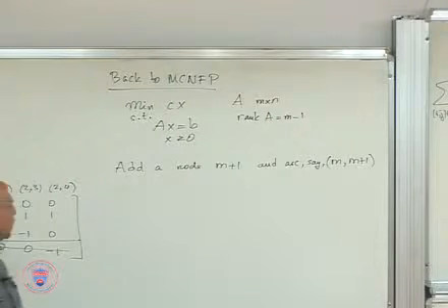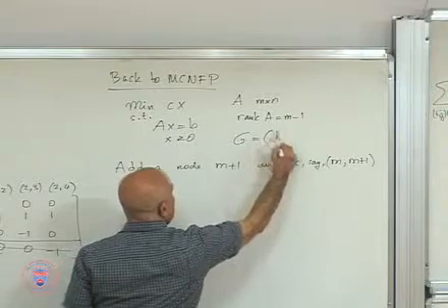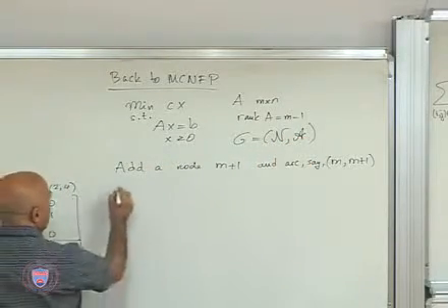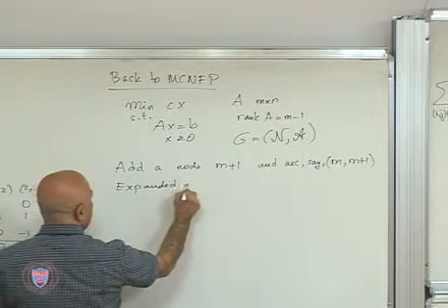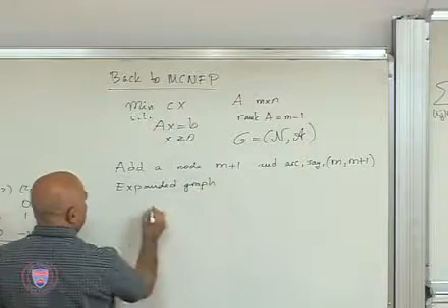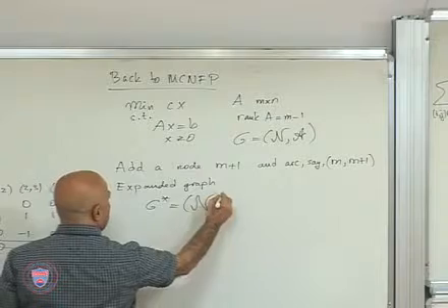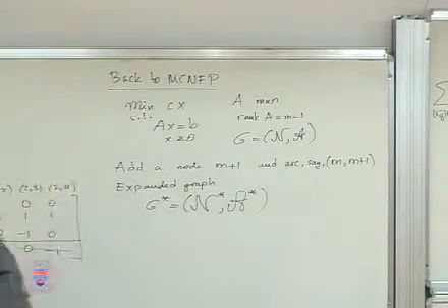If the original graph was defined by, say, N and A, then you now have an expanded graph. Let's call it, tentatively, N star and A star.